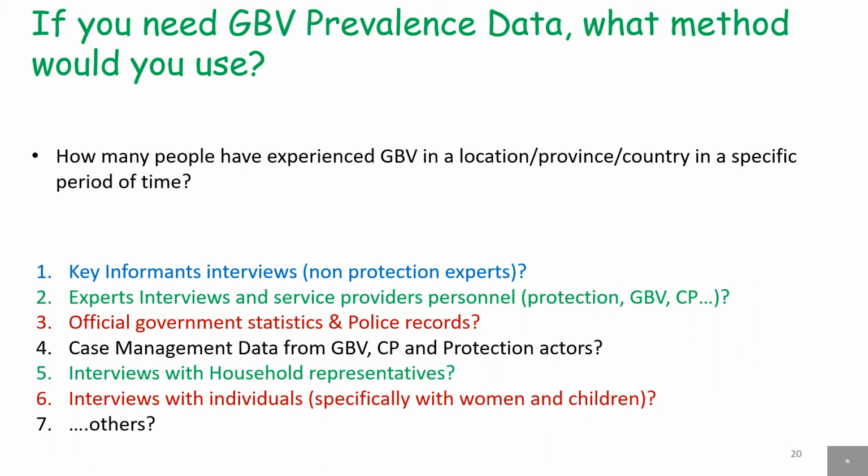Would you look at official government statistics and police records? Would you go to case management actors and ask for case management data from GBV or child protection actors? Would you do interviews with household representatives or interviews with individuals, specifically women and children? Or would you be looking at other groups? How would you do that?